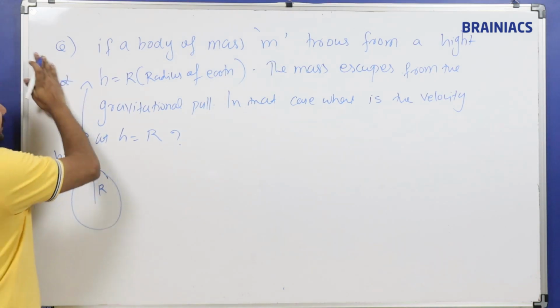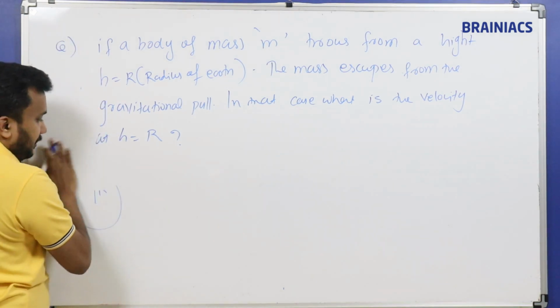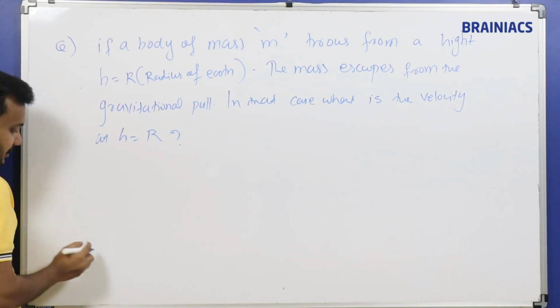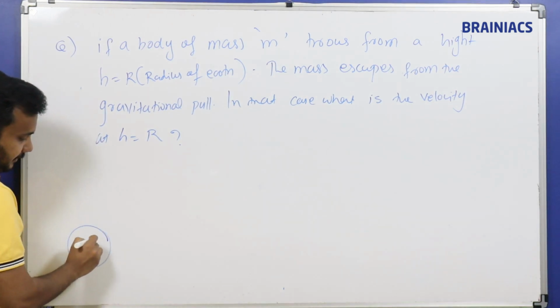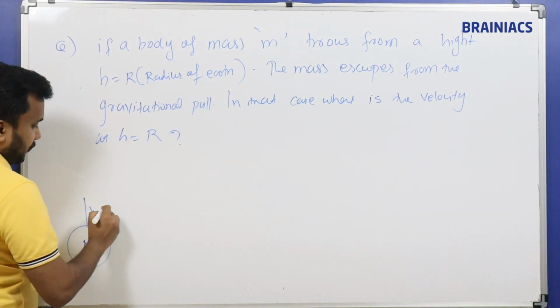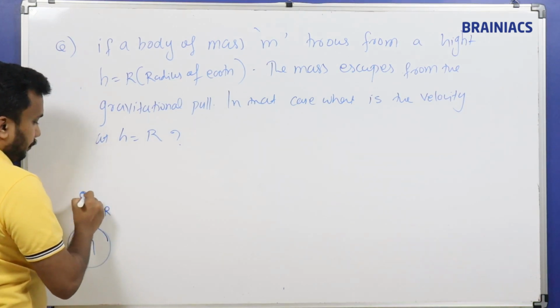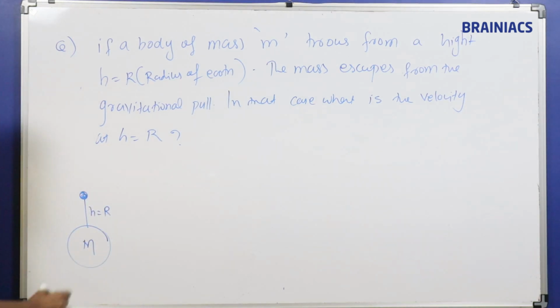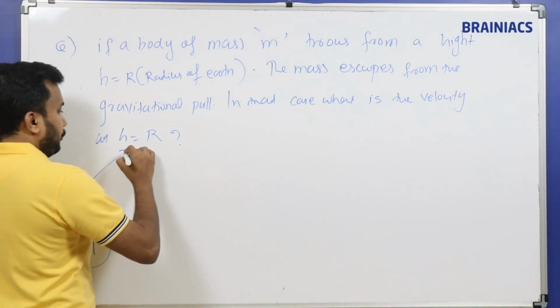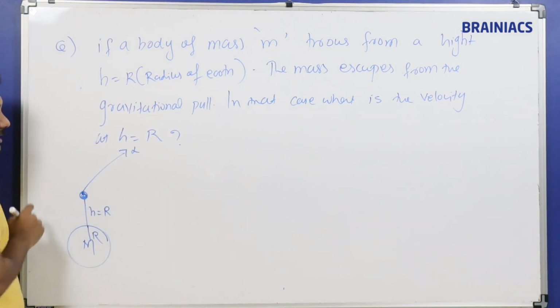I'll draw here to make it better. Earth is here, and at a height h equal to R I have a body of mass m, and it is thrown to infinity.